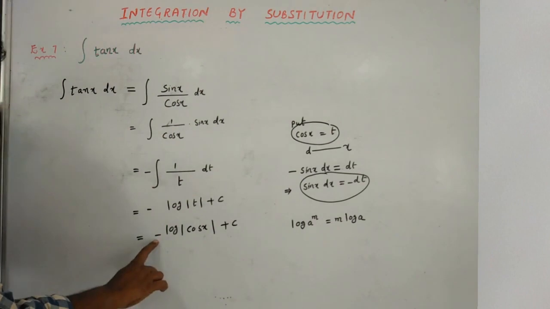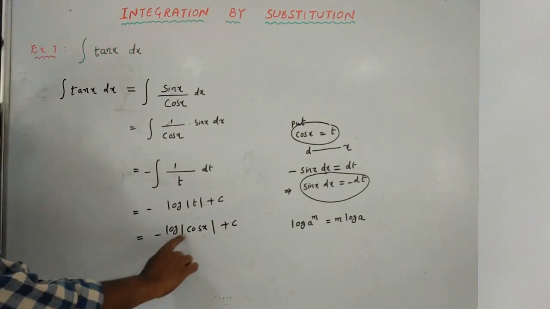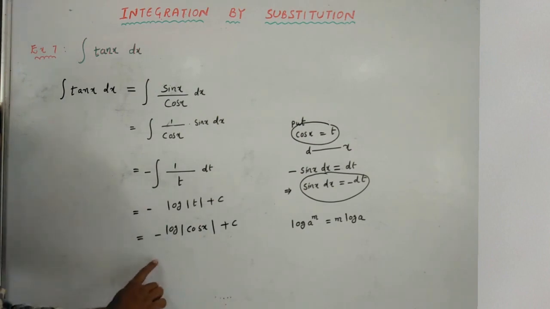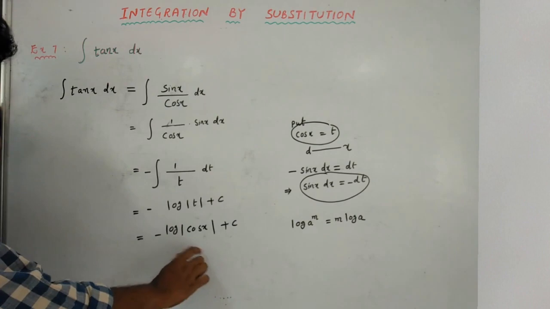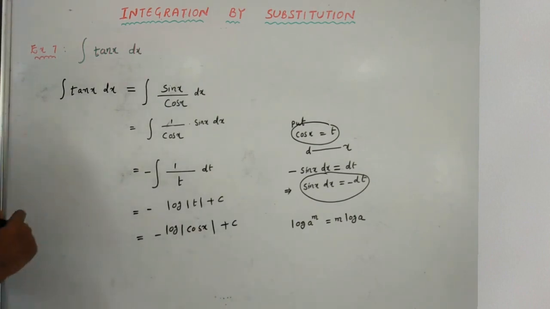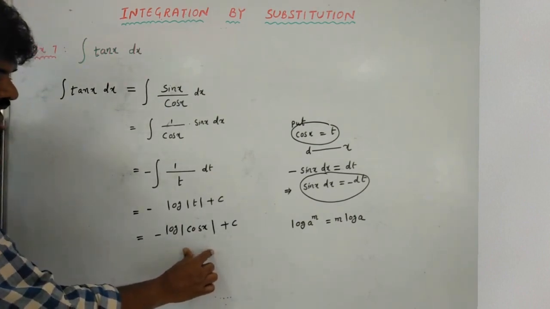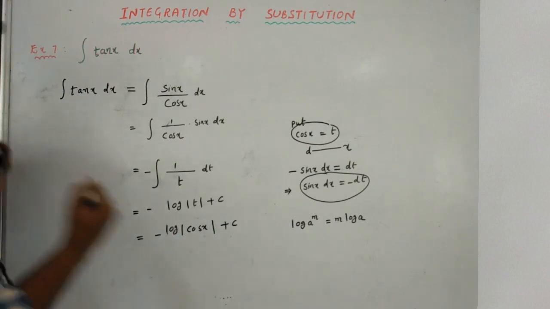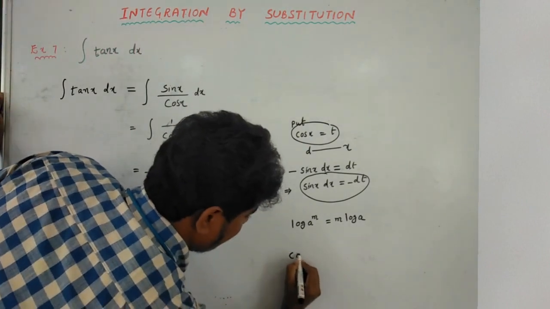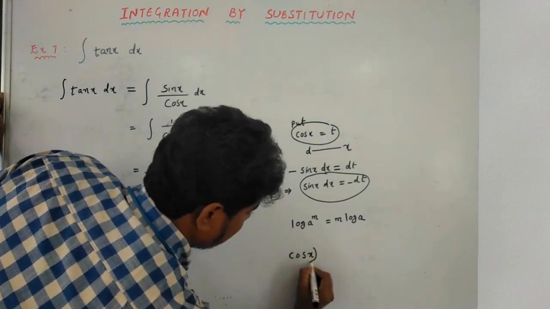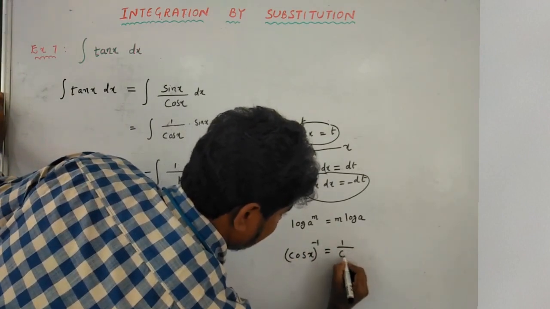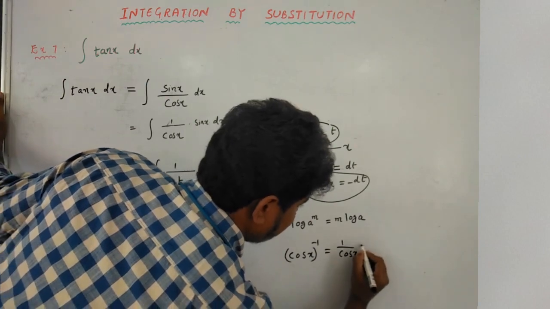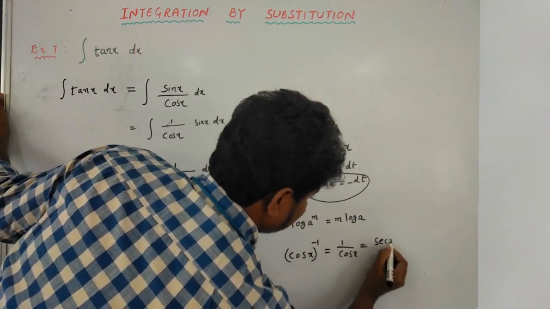Here the minus is just like m, so minus log cos x is equal to log of cos x whole inverse. Cos x whole inverse means 1 by cos x, and 1 by cos x is sec x.